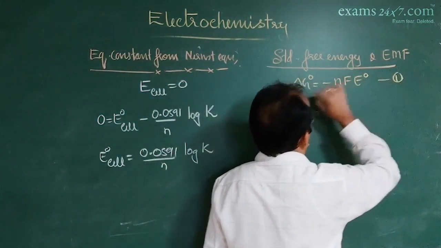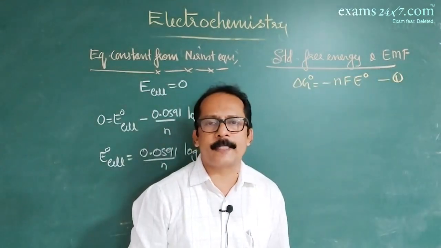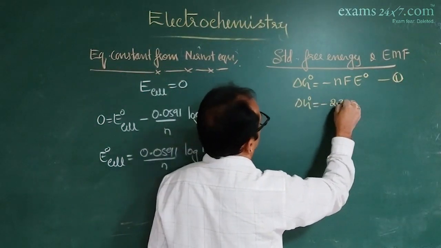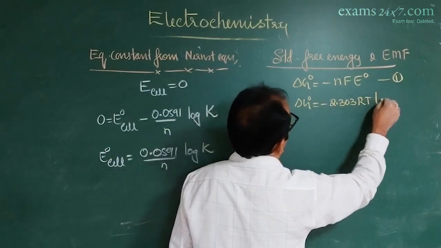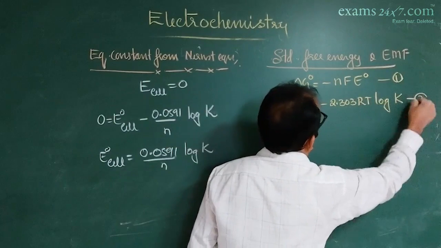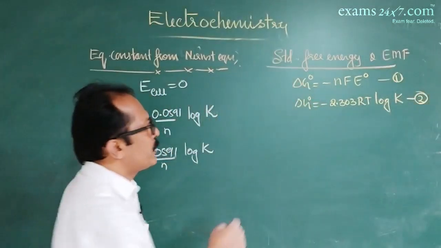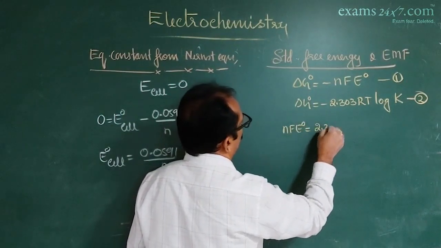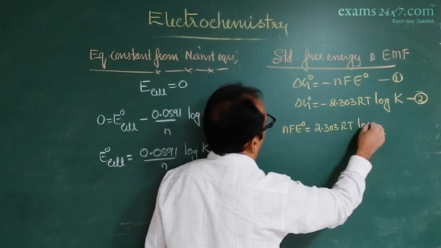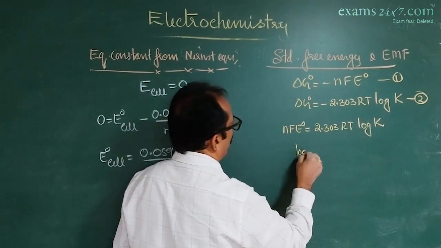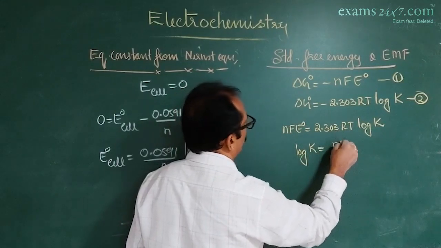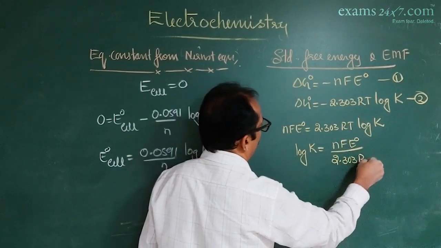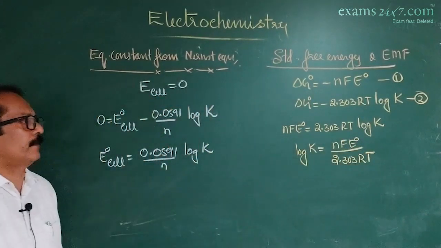And there is one more form of equation where delta G naught is related to the equilibrium constant. Here delta G naught equals minus 2.303 RT log K. So from 1 and 2, nF E naught equals 2.303 RT log K, or log K equals nF E naught divided by 2.303 RT.